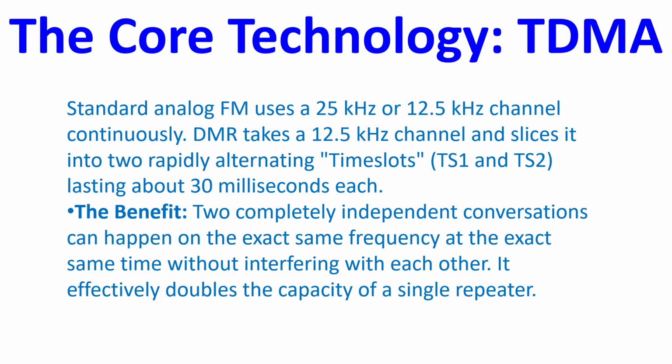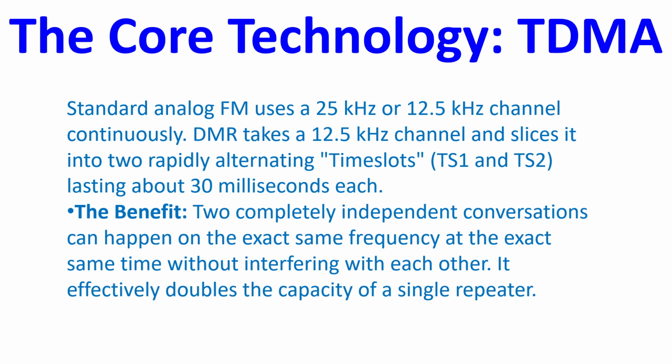The defining feature of DMR is time division multiple access, TDMA. Standard analog FM uses a 25 kHz or 12.5 kHz channel continuously. DMR takes a 12.5 kHz channel and slices it into two rapidly alternating time slots, TS1 and TS2, lasting about 30 milliseconds each.